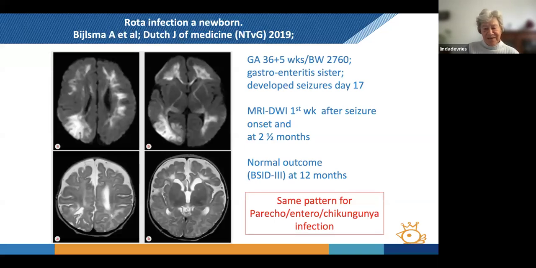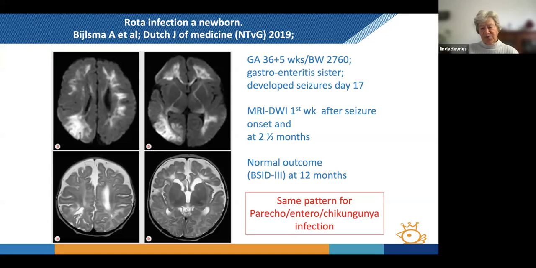If you would see this in a preterm baby, then you would say, oh, wow, this baby is going to get cerebral palsy, and the corticospinal tracts are involved. And the baby is developing cysts. But the children with viral infections sometimes perform much better than you would expect based on the imaging findings as shown here.